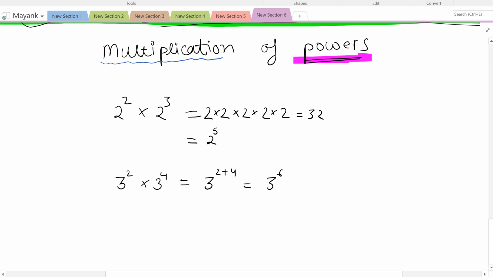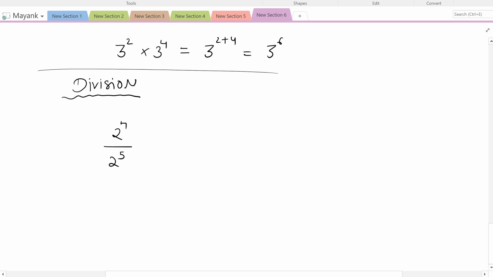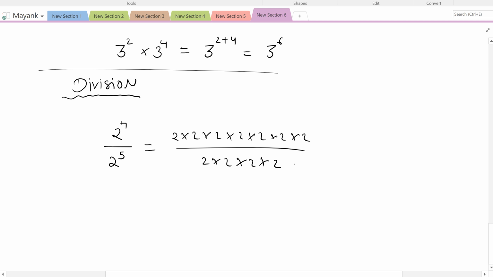Now the division, dividing the powers. It's the same kind of thing. 2 powered by, for example, 7 divided by 2 powered by 5. If you don't want to use the formula, you simply expand it. 2 to the 7 means 2 multiplied by itself 7 times, 1 2 3 4 5, and then you divide it by 2 times 2 times 2 times 2 times 2.